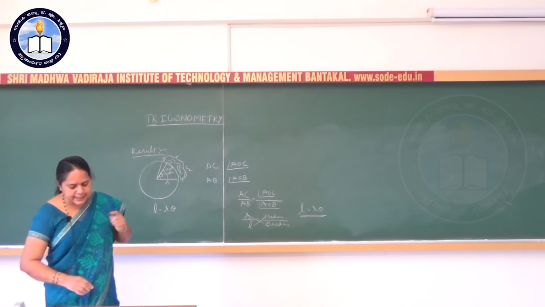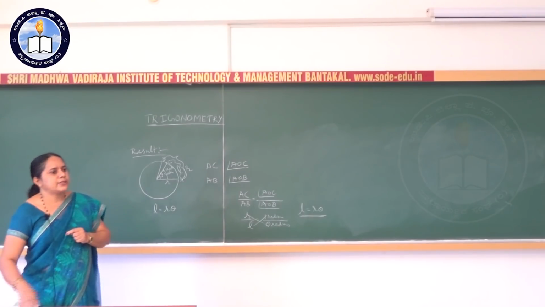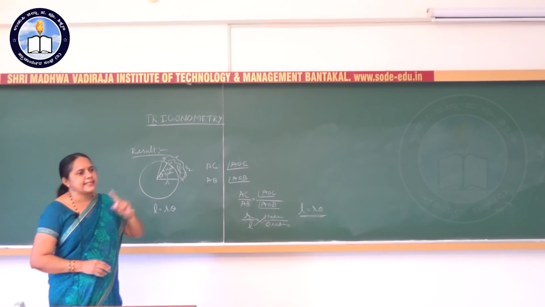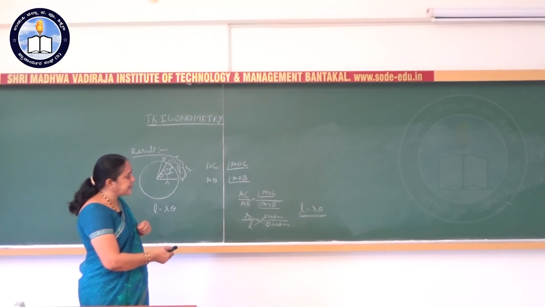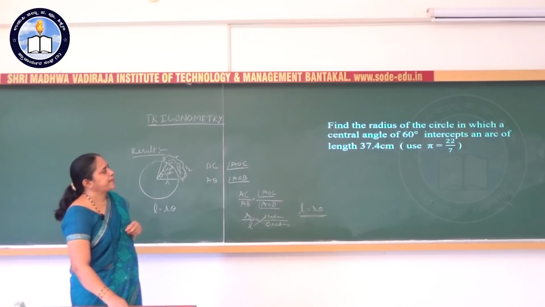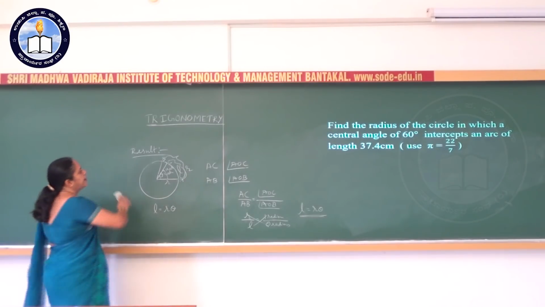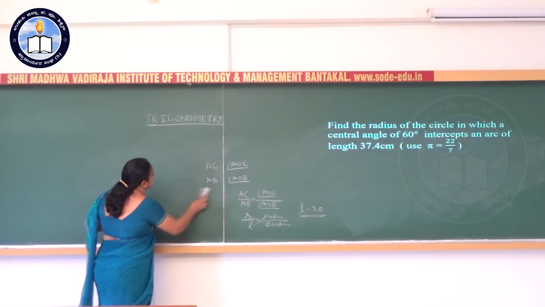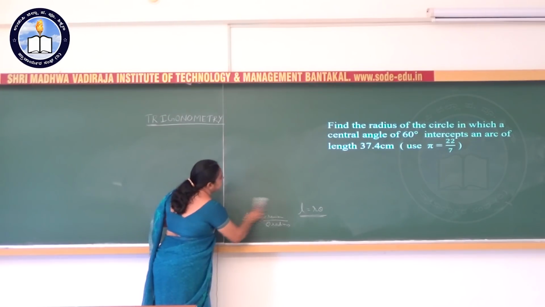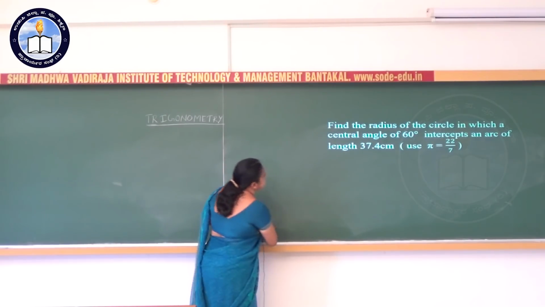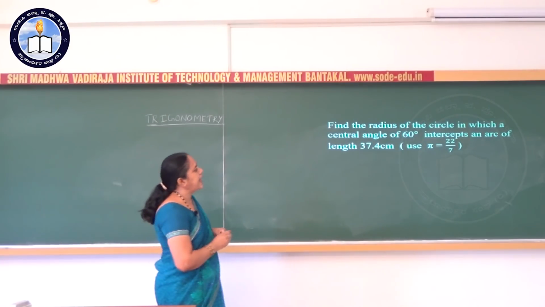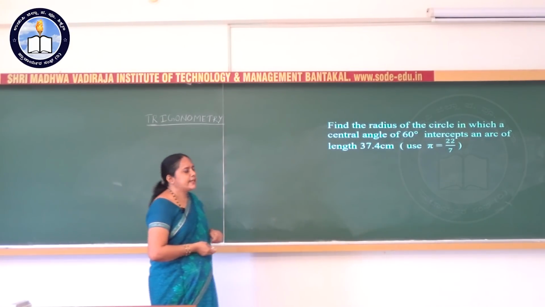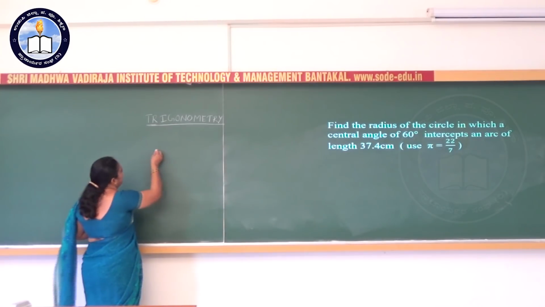By using this result, we can solve some problems in exercise 3.1. Now, first let's consider this problem. Find the radius of the circle in which a central angle of 60 degrees intercepts an arc of length 37.4.